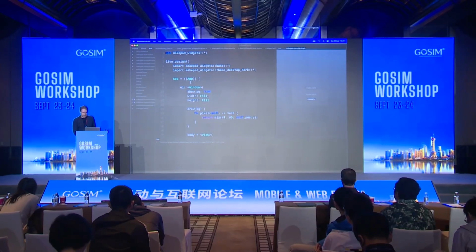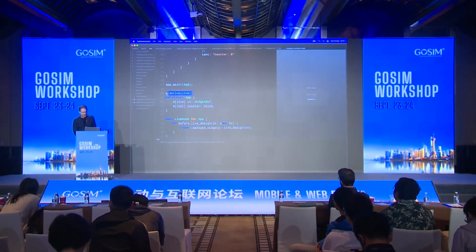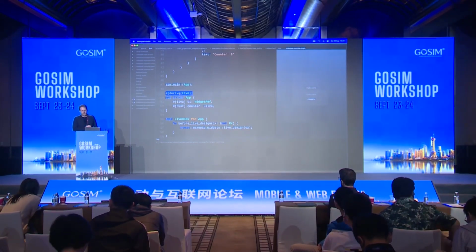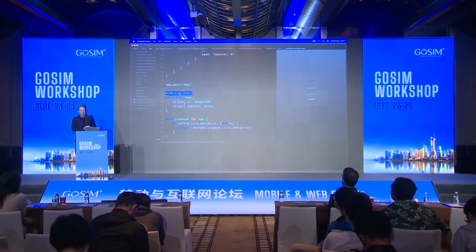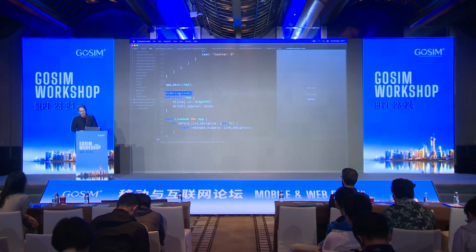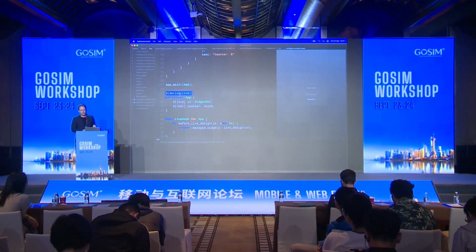So this derive Live macro, if anybody knows Serde or serializers in Rust, it is a way to use compile-time reflection, and reflection is a way for code to read the structure of data and then programmatically do something with it. Like, for instance, generating serializers and deserializers.